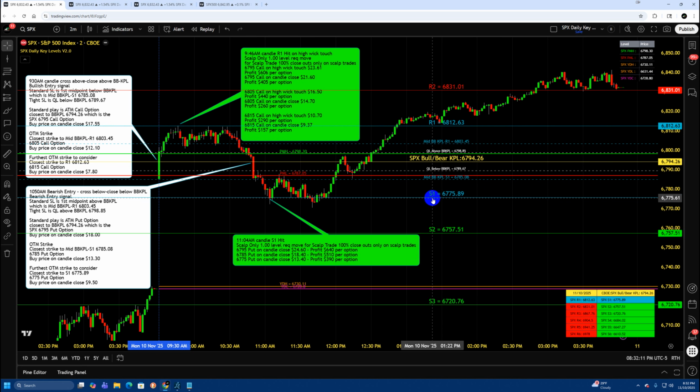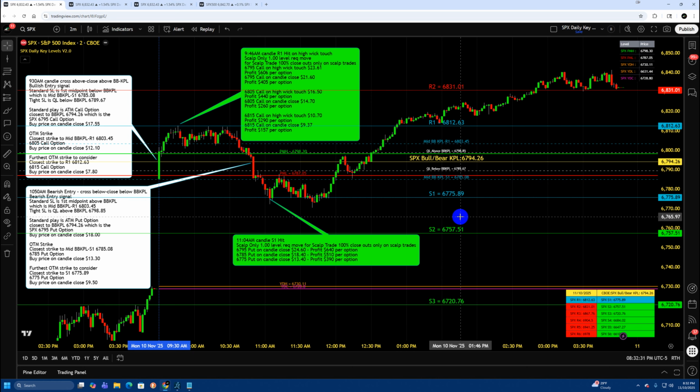Same thing down here: on a bullish trade from S1, the tight stop loss is the QL below S1. Your standard stop loss on a bullish trade from S1 would be the first midpoint below S1, mid S1 S2.